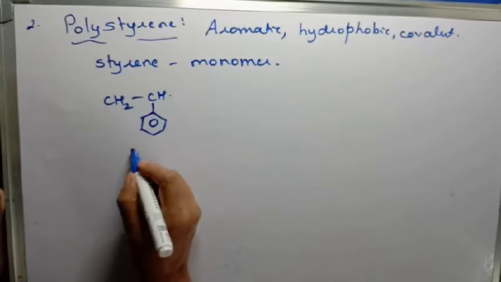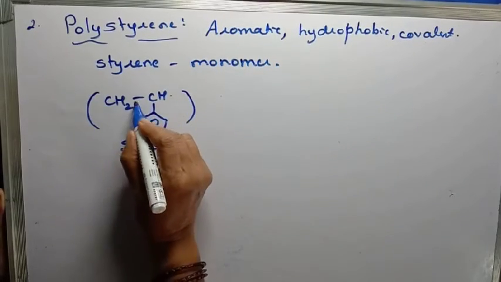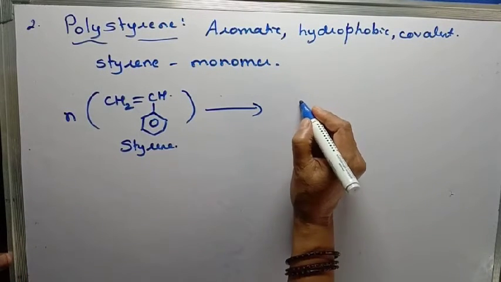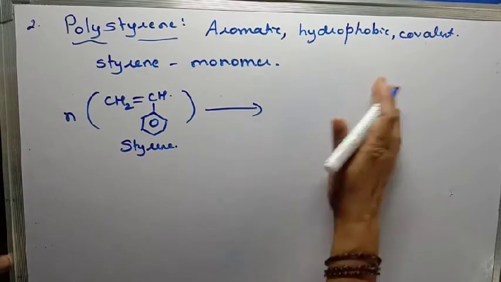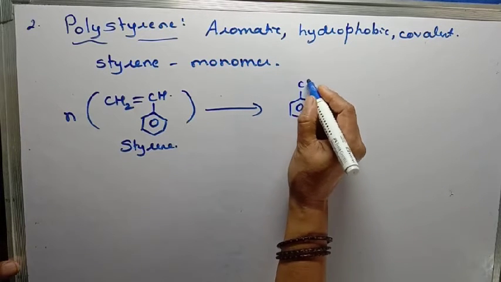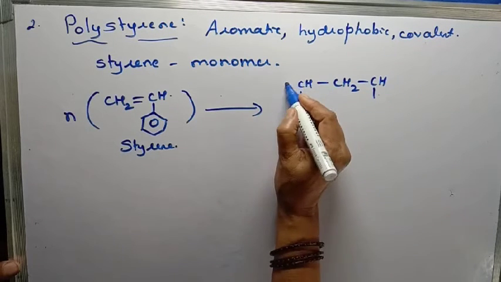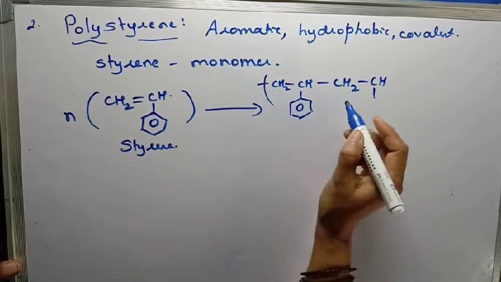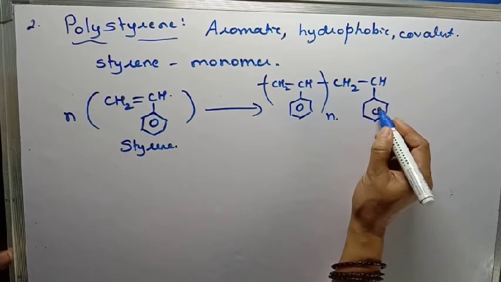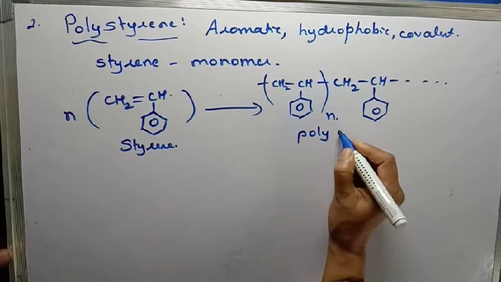So it is styrene. When n number of styrene molecules are subjected to polymerization, you will get a big molecule or a polymer which has the formula, like this, and it will be continued. So this one is polystyrene.